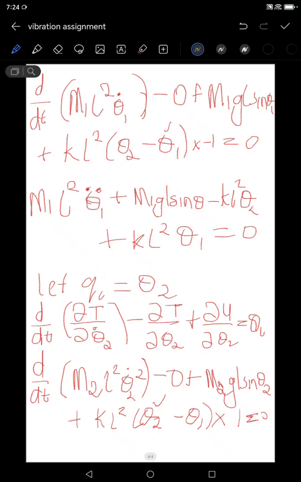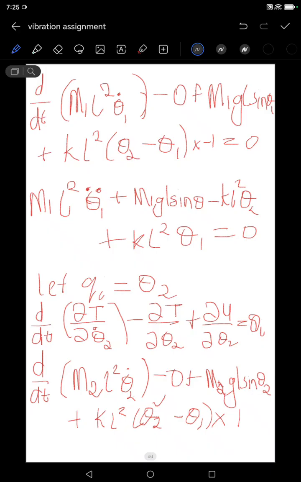And then now we're going to derivate m2 l squared. Oh guys, why am I writing squared here? There's no square. So now we're going to derivate this with respect to time.